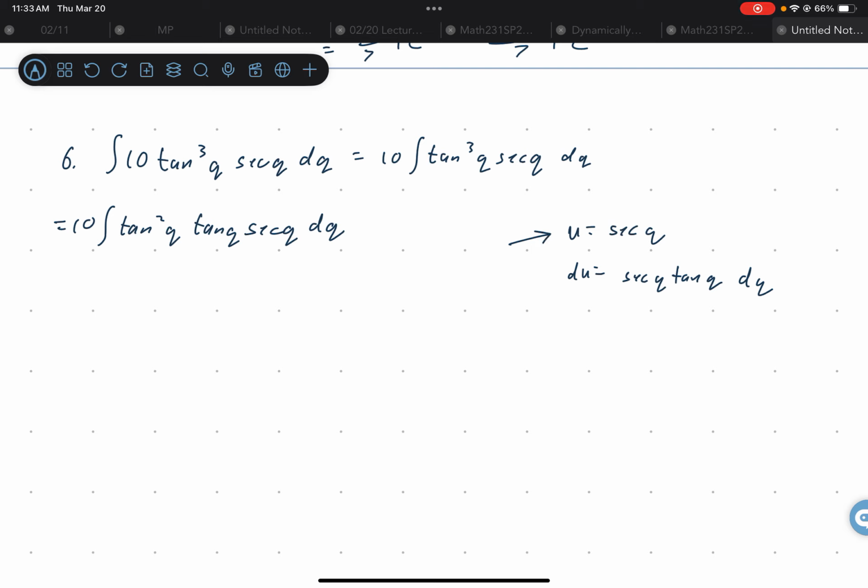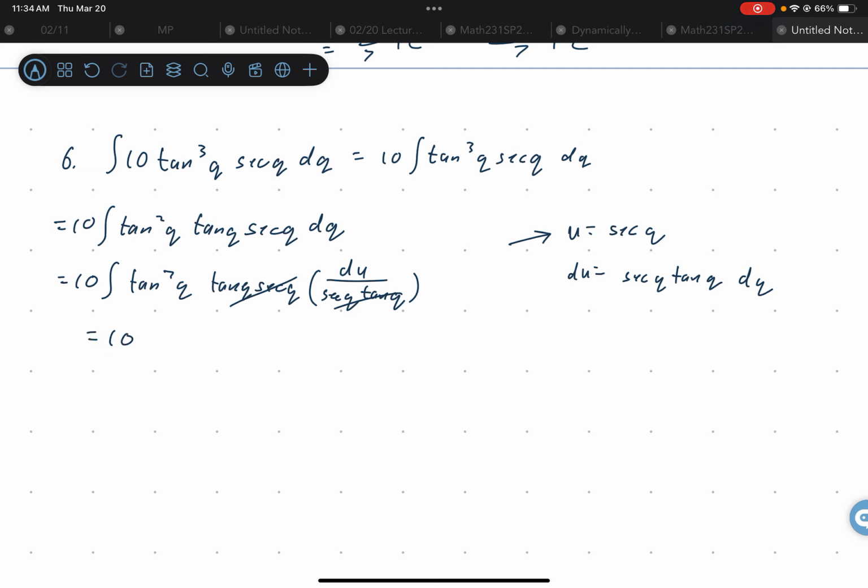I'll show you. We have a 10, then we have tangent squared q, and then tangent q, secant q, times du over secant q, tangent q. This cancels out.